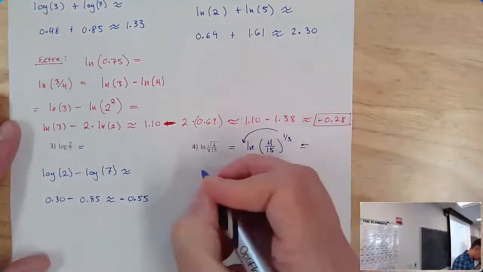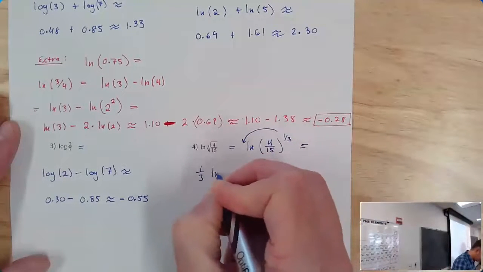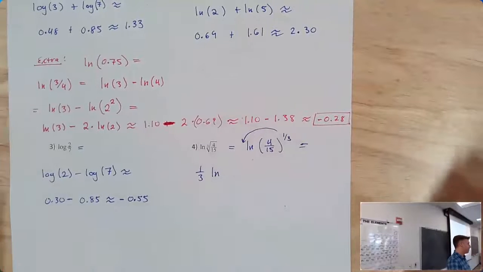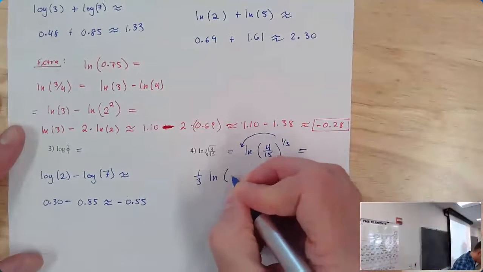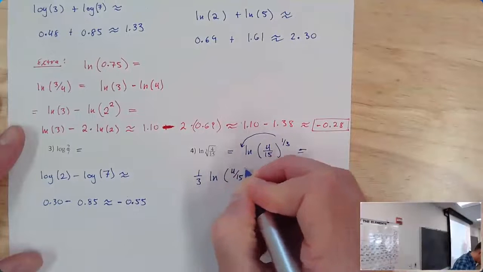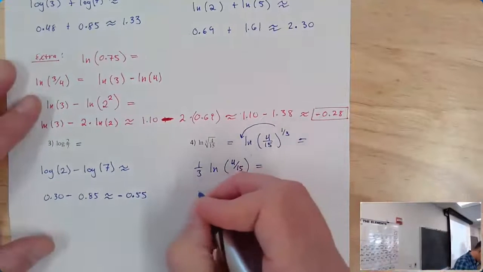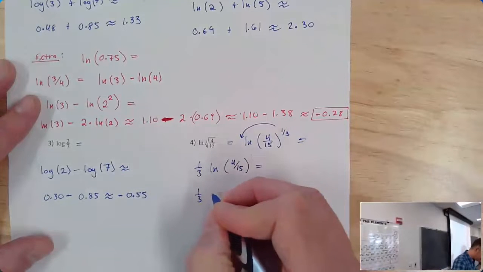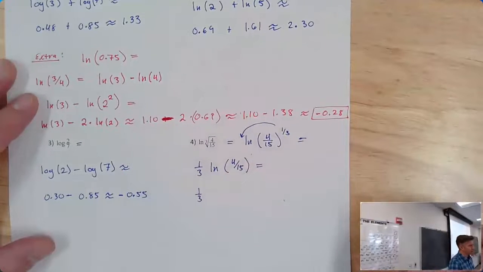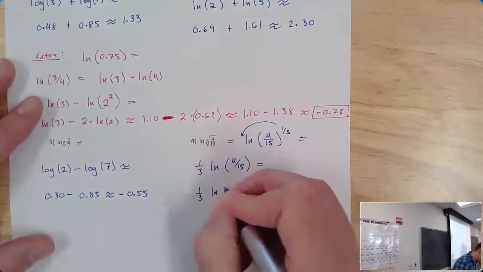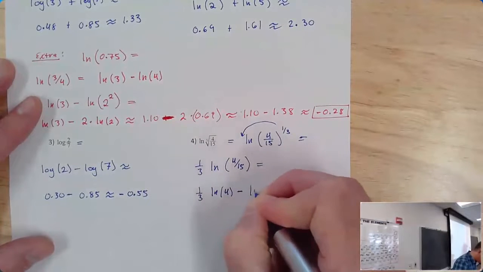So this is 1/3 times the natural log. Now, I could write 4/15 again. I guess I will. But you could also totally skip this step and go straight to breaking it up as the first thing minus the second thing. So it's going to be 1/3 times, now I'm going to make a small mistake here, but we're going to fix it, the natural log of 4 minus the natural log of 15.